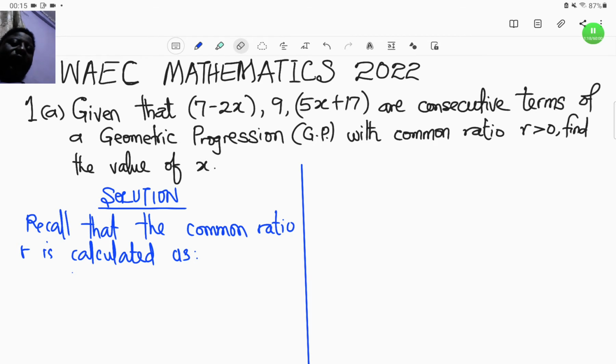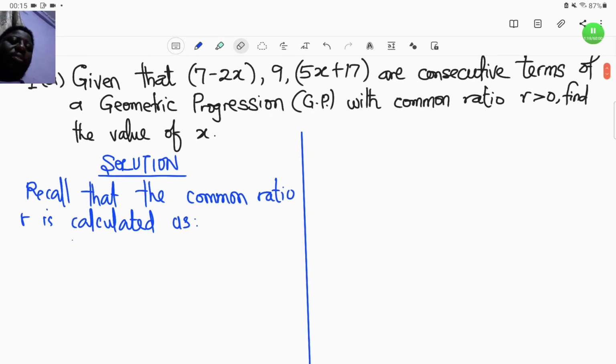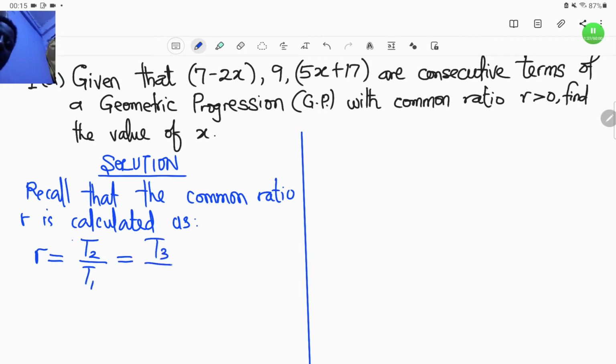Solution. The first thing is that we should recall how the common ratio is calculated. The common ratio is calculated as r equals the second term divided by the first term, equals the third term divided by the second term.